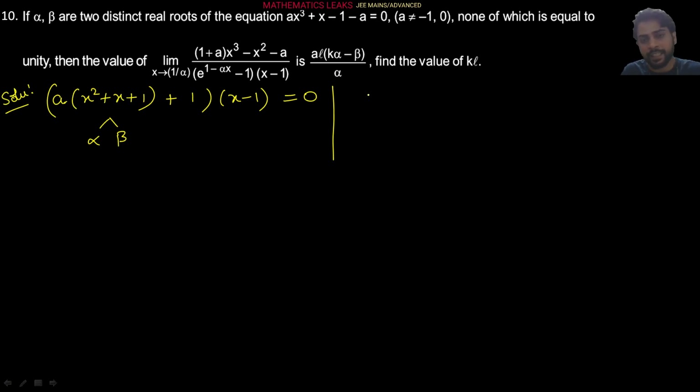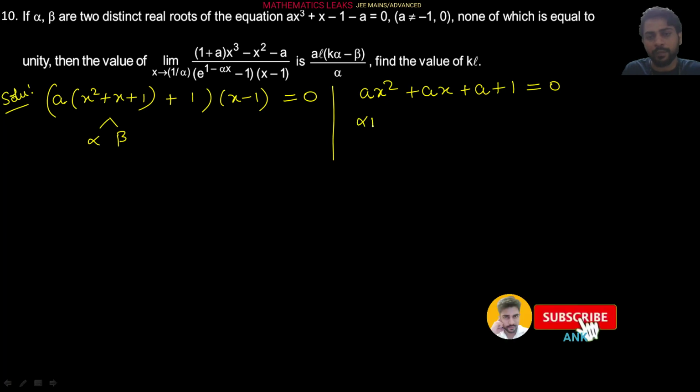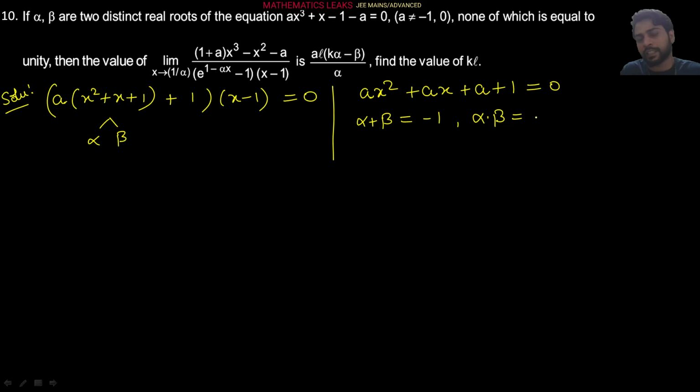It is written as ax square plus ax plus a plus 1 is equal to 0, right? So alpha plus beta is equal to minus b by a, so that will be minus 1. And the product of roots, alpha into beta, is c by a, which is a plus 1 upon a, right? Everybody just observe this.